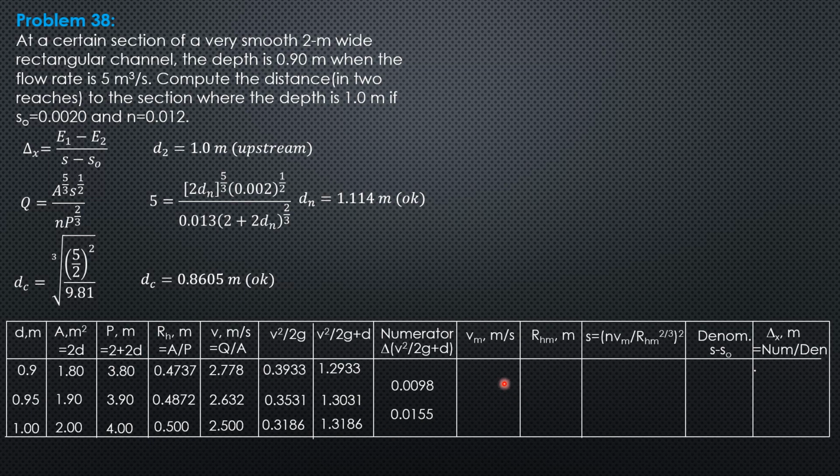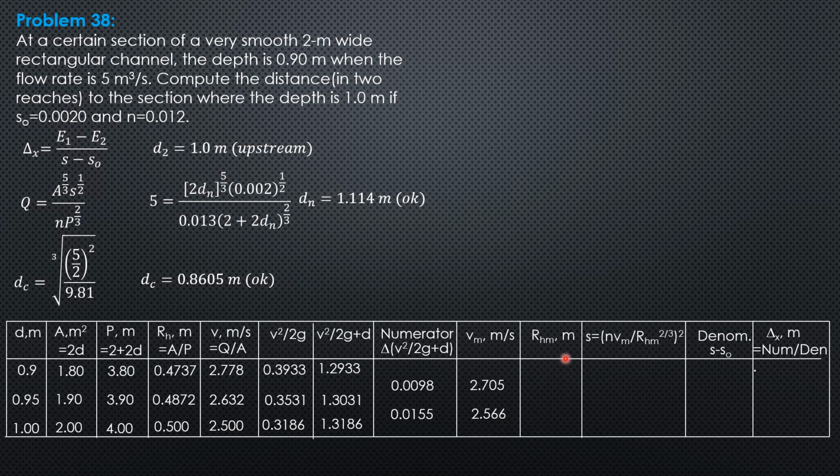So mean velocity is 2.778 plus 2.632 divided by 2. It's 2.705. Then the mean velocity for these pairs of velocities, 2.632 plus 2.5 divided by 2, that's 2.566.